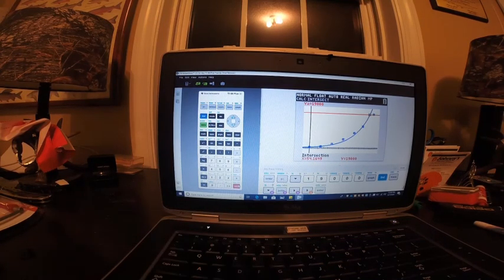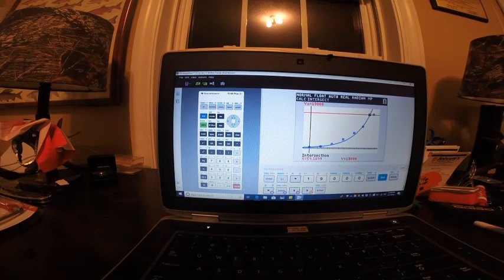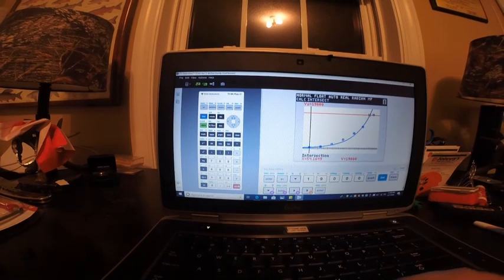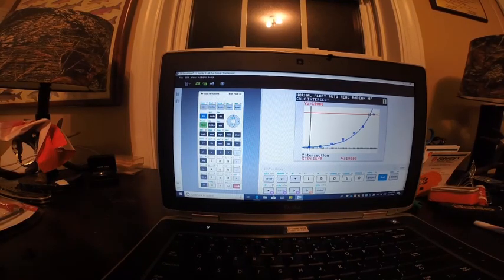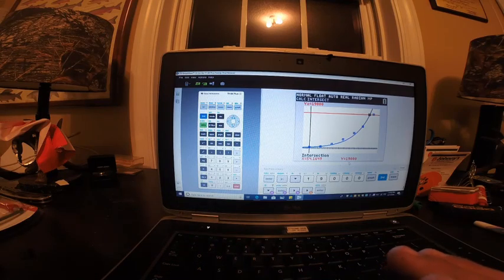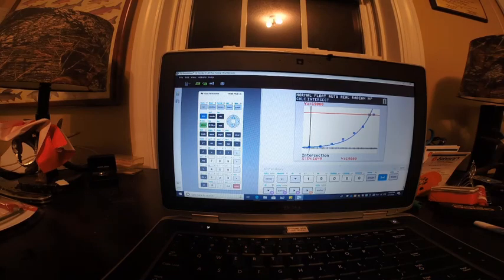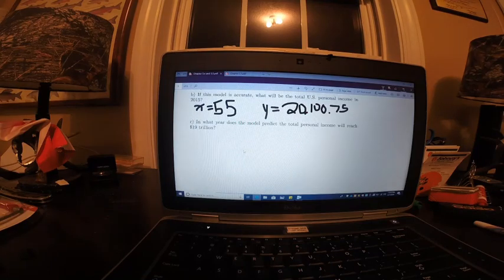Hit enter one more time. It tells me they intersect at x equals 54.1649. So at approximately year 54 is when it reaches 19 trillion, 19,000 billion. So my answer here would be 54 years. But that wouldn't be my final answer. So 54 would be what my x would equal.